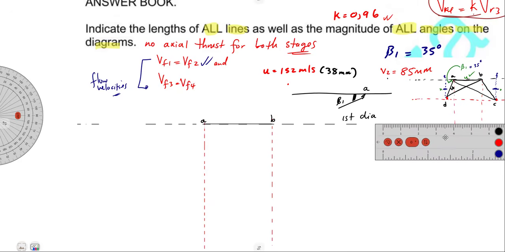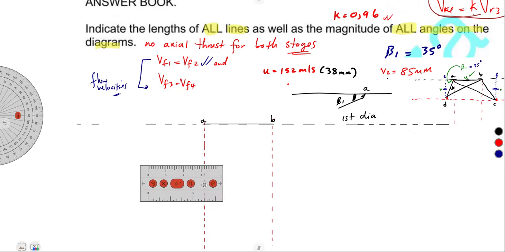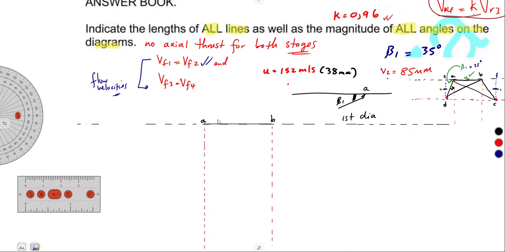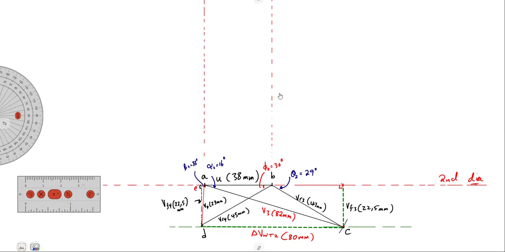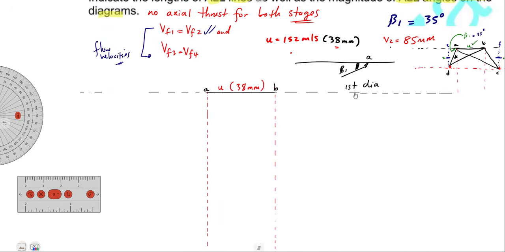We are on the first diagram, remember? So these dotted lines, we need them like that. We have constructed the U, which is 38 millimeters automatically from the second diagram that we had. It gives us that U on the first diagram.